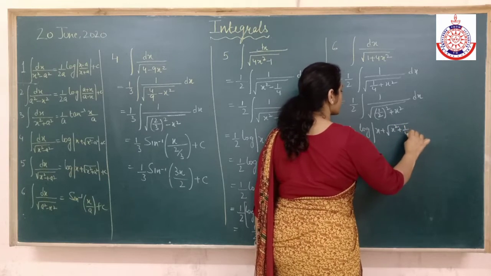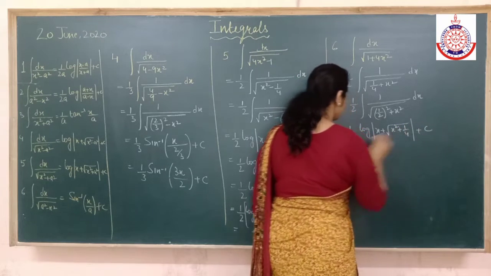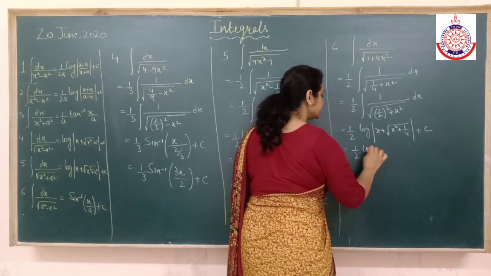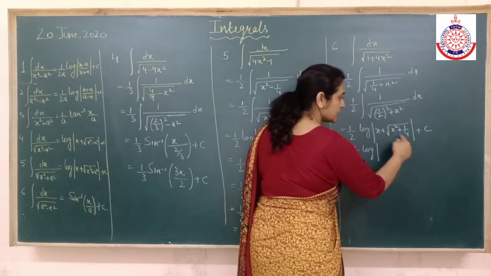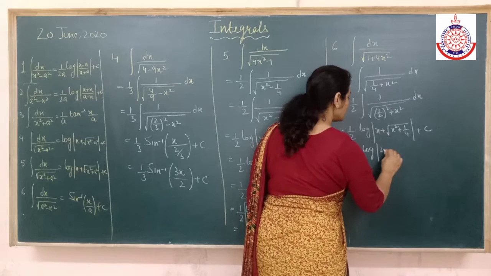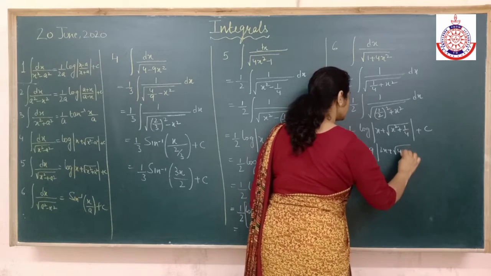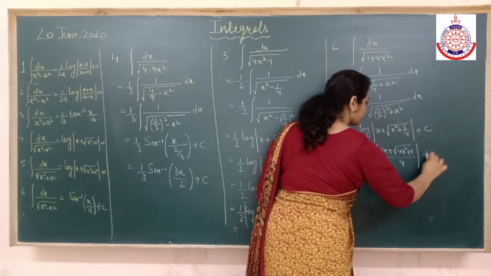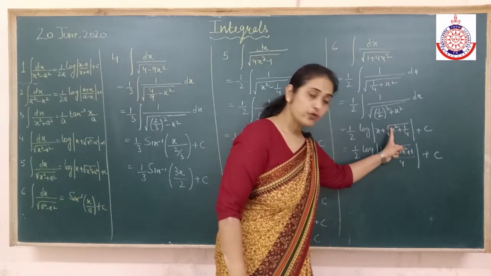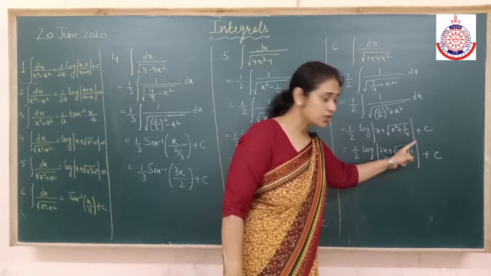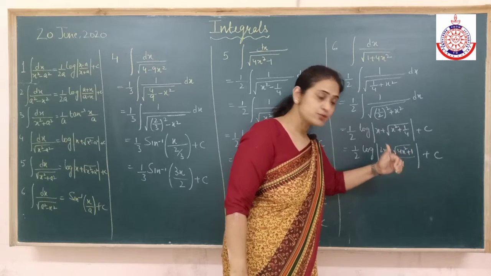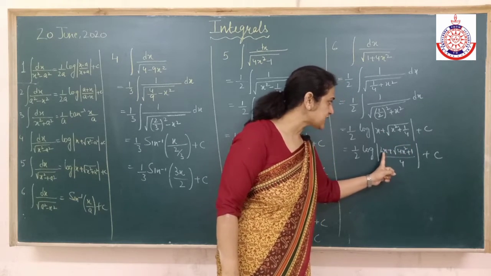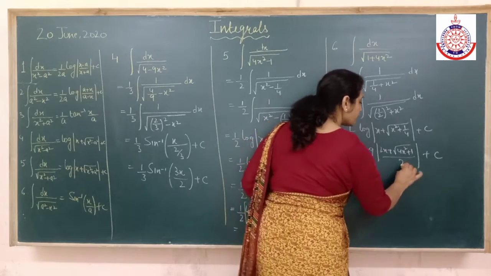So I'll write this a square as 1 by 4. Same way I can simplify it further. First LCM here, then it will come out. First of all, inside LCM, 4x square plus 1 by 4 under the root. 4 will come out of the under root, will become 2. It will be LCM taken with x and 2.